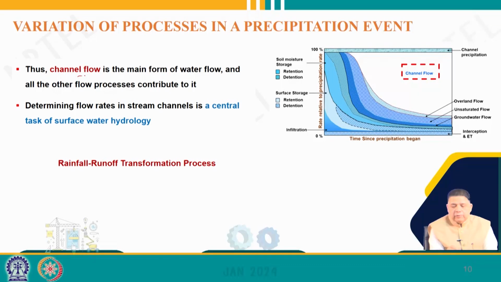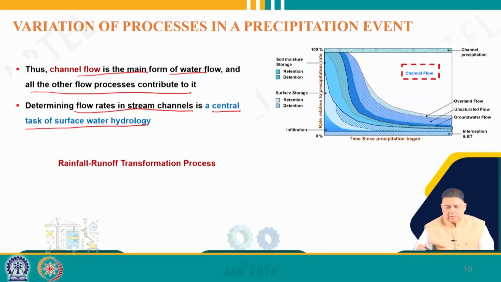Thus, channel flow is the main form of water flow and all other processes contribute to it, just as we saw. And determining flow rates in stream channels is the central task of surface water hydrology. So, basically what this means is how precipitation occurring on a basin, on a watershed, gets converted into channel flow. That is what we study in hydrology.